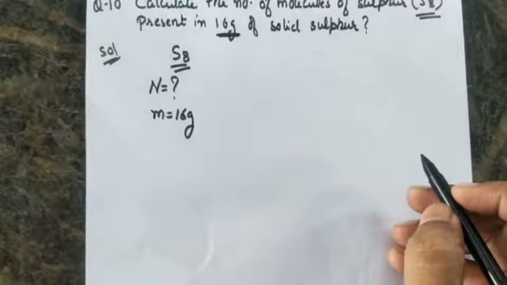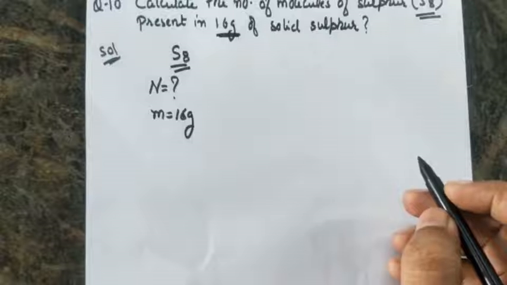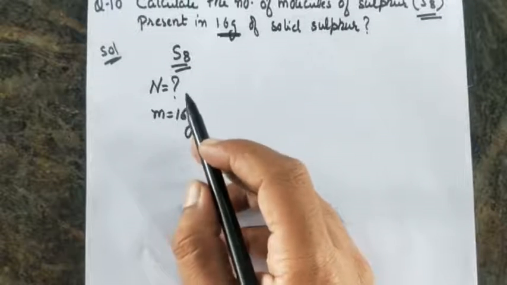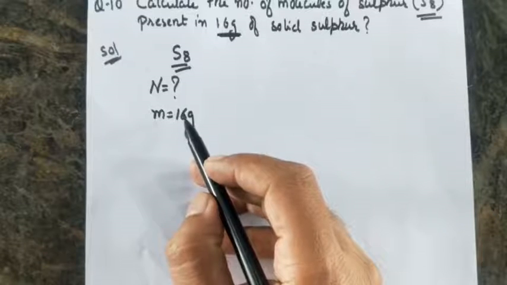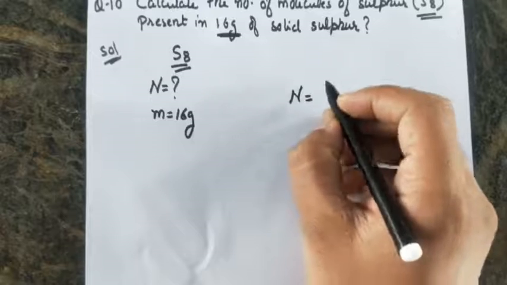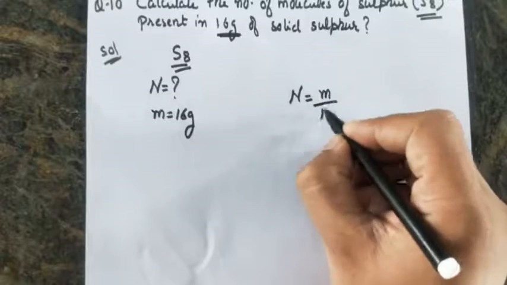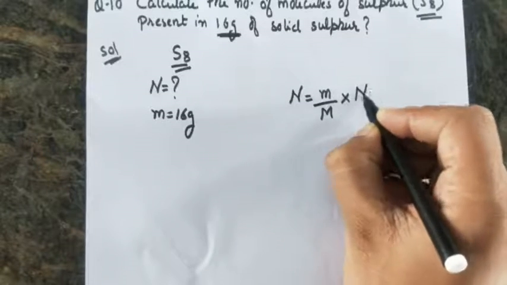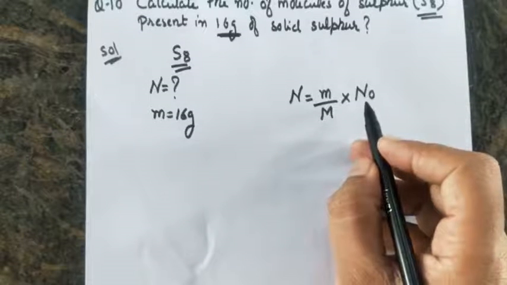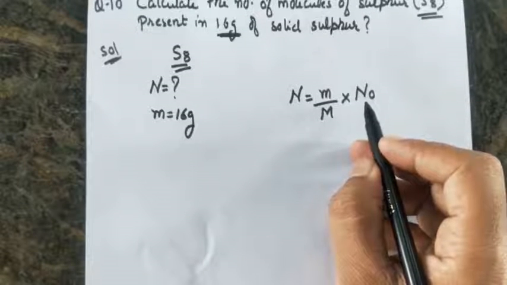Therefore, in this question, the relation is between number of molecules and mass, that means particles and mass, and we know that for this relation, the formula is capital N is equal to small m by capital M into N naught, where capital M is molar mass and N naught is Avogadro's number.